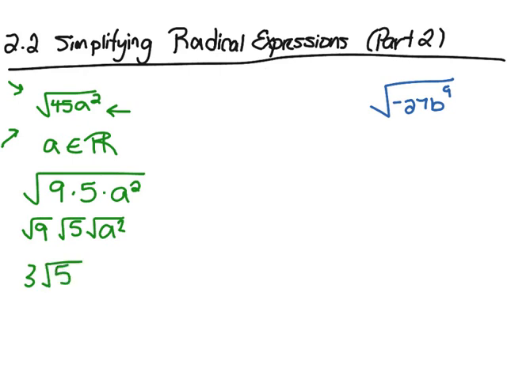Root 5 stays. Now when you take this a squared out, the square root of a squared is a. We put it into the radical in the absolute value signs. So we're left with 3 root 5 times the absolute value of a, when a is an element of the real numbers.